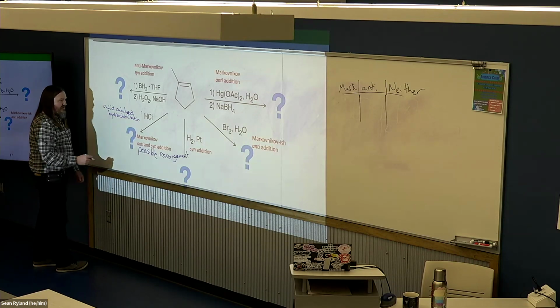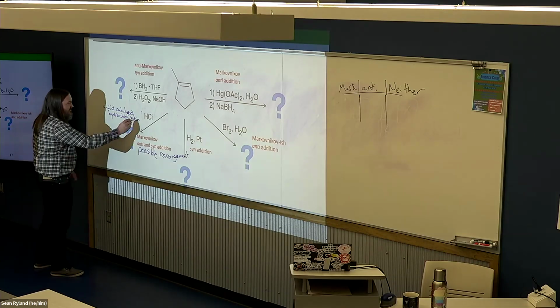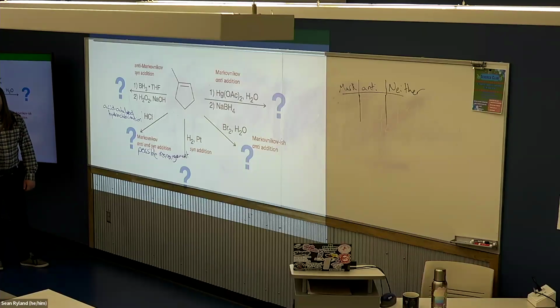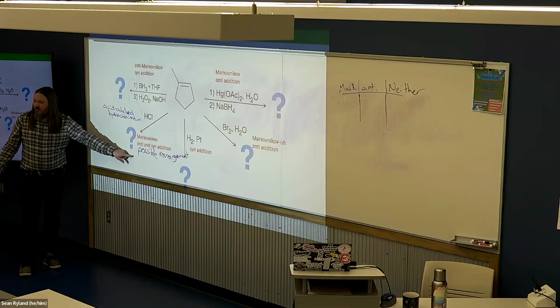It was acid catalyzed hydrobromination, but it's going to do the same thing. If we do this with just H2O or with water and an acid, then it's acid catalyzed hydration. Same mechanism, it's still Markovnikov, still going to get anti and syn, still possible rearrangements.